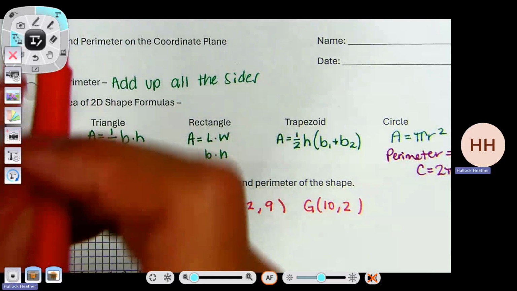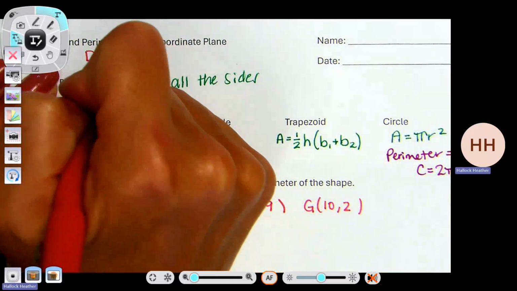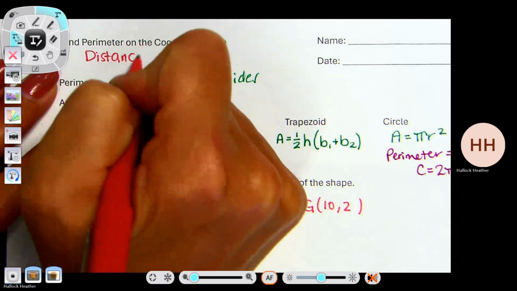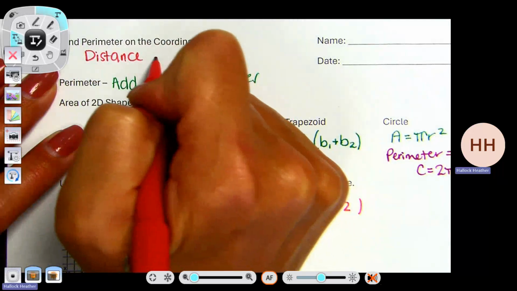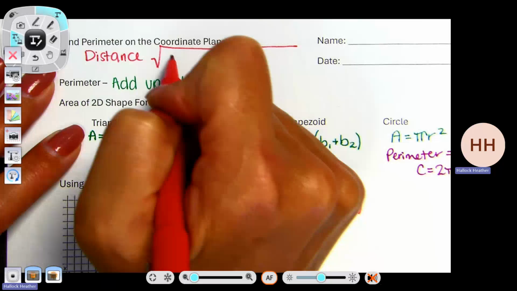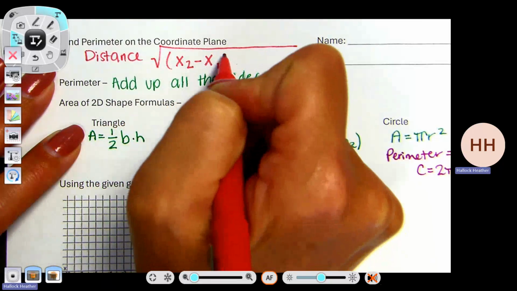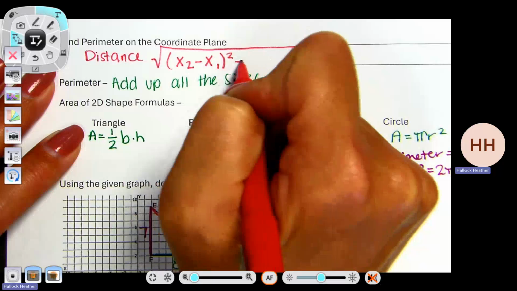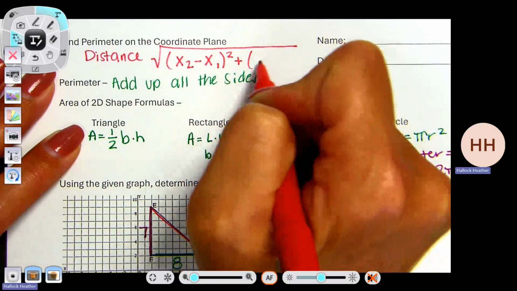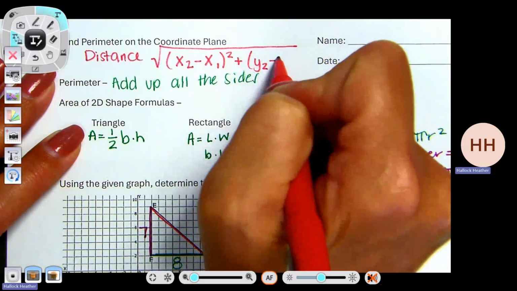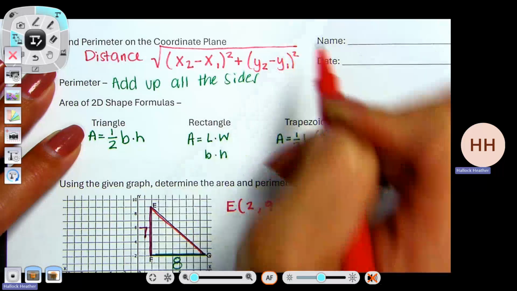So if you look at your blue sheet, find distance formula. It is the square root of x2 minus x1 squared, plus y2 minus y1 squared.